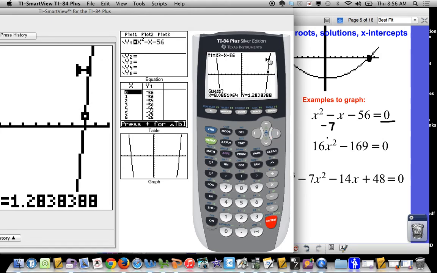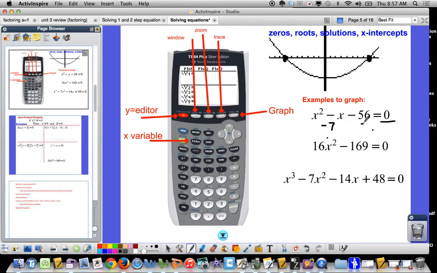And just to check, my triangles point towards each other, so I know that I'm going to be correct here in setting up my left and right bound. I do not want the guess, so I'll hit enter one more time, and it will tell me that my other 0 is 8, so I'll record that here also. So my two zeros for this, my x's equal -7 and 8.